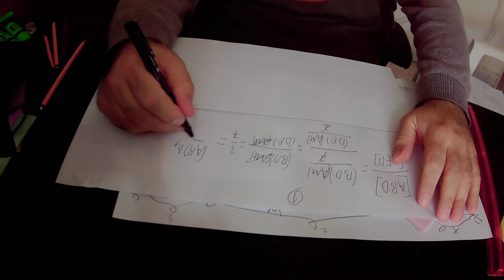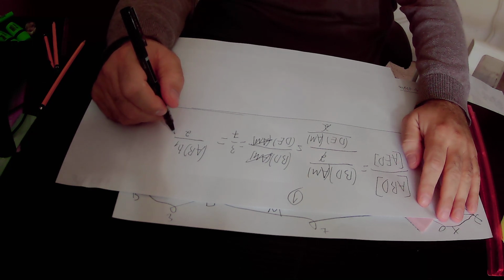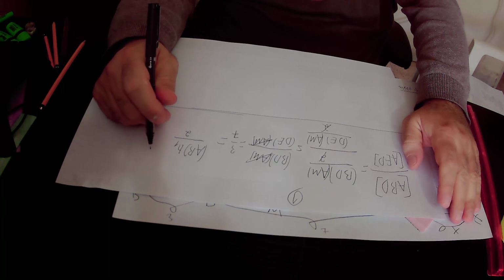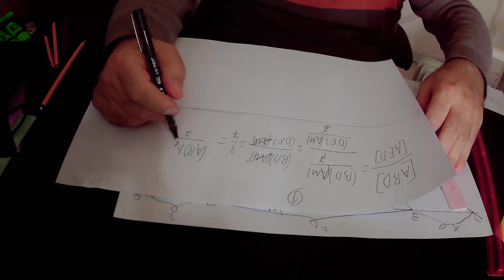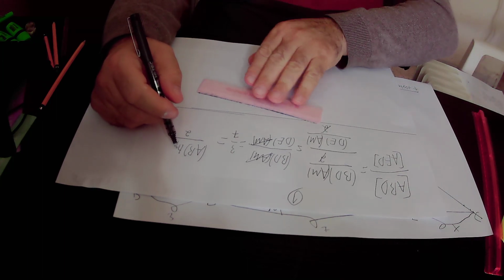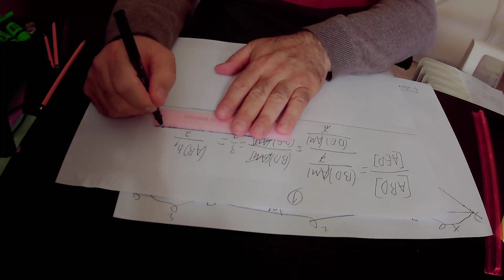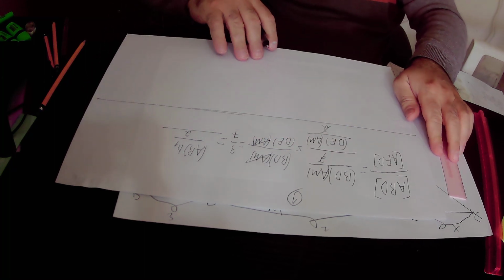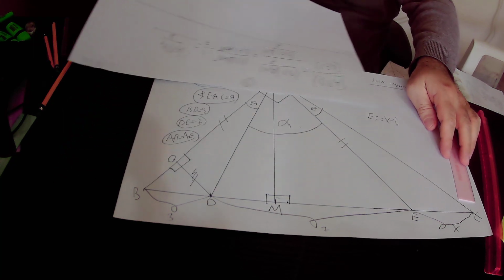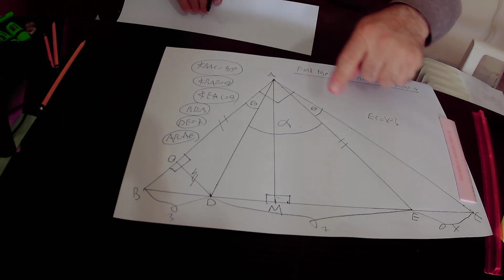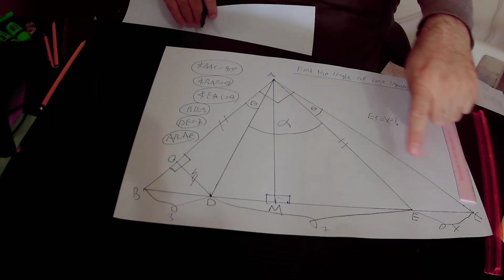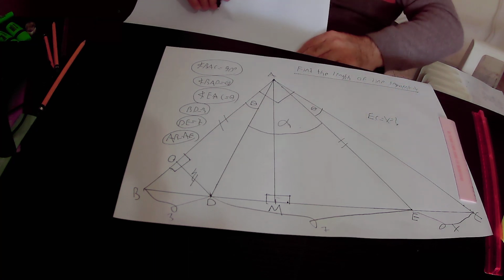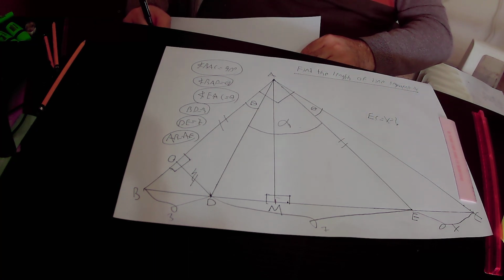Over 2. So again, the area of triangle ABD calculated in a second way is the base AB times the height to the base, that is edge 1, over 2, over the area of triangle AED. What is the area of triangle AED? Here we take the base of triangle AED as AE. So the base of the triangle is AE, times the height to the base.